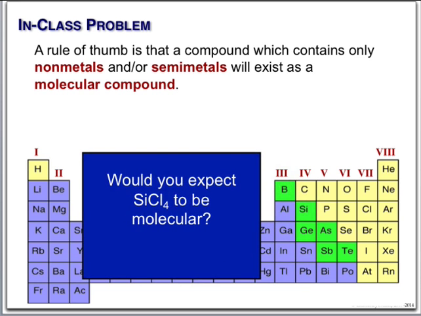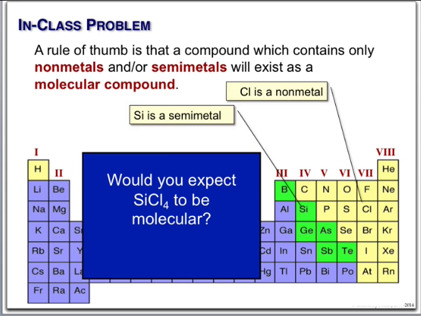Silicon tetrachloride. Well, silicon lives right here. It's green. It's a semimetal, isn't it? Chlorine is a nonmetal. That means that silicon tetrachloride is molecular.